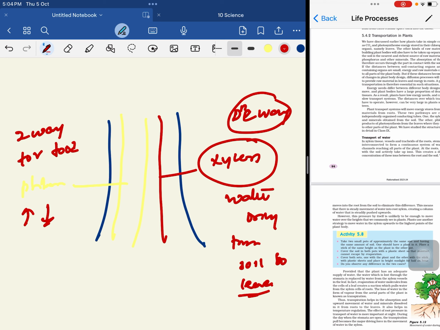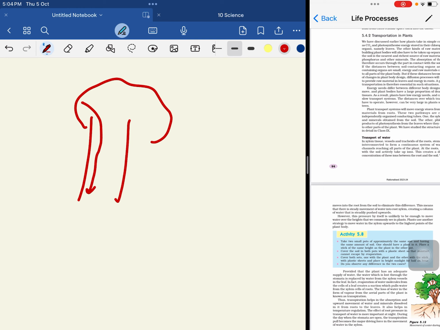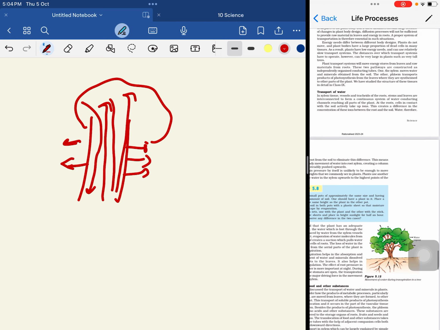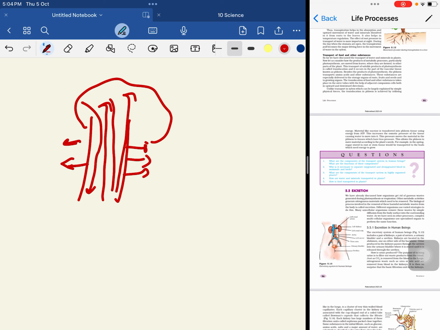This transport will move the food from leaves to the adjacent parts for making energy, and it also helps transport from one direction to another. This is called phloem. Phloem moves the material according to the plant's needs.